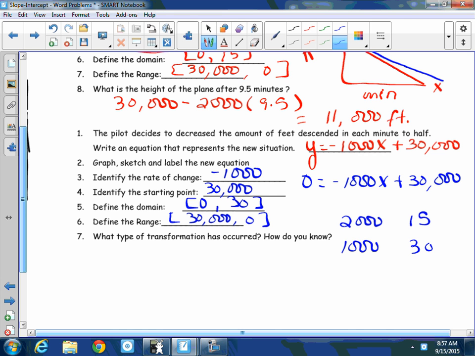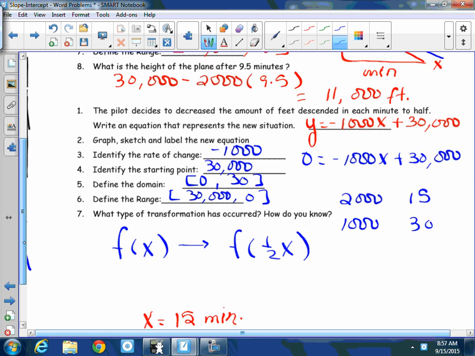All right, so what transformation? We went from f of x to what? Divided by 2. So that would be f of what? Half of x. Very good. It will be f of half of x. And that makes the line less steep, right?